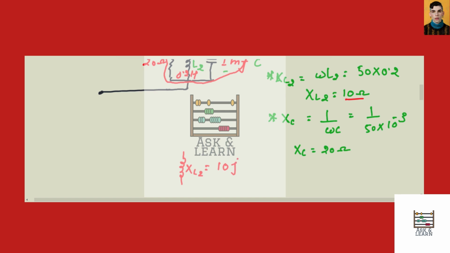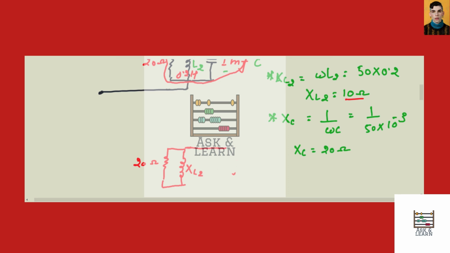And this is our resistor, which is 20, the same in both rectangular as well as magnitude form. And this is our, I need more space, so just clean it up.